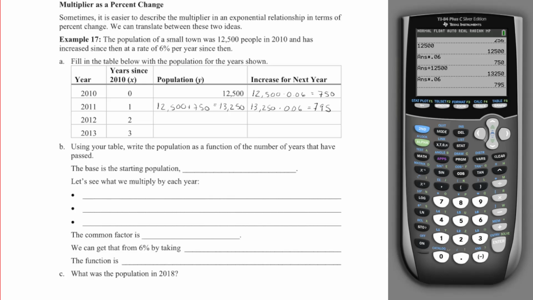So in 2012, the population will be 13,250 plus 795 is 14,045.